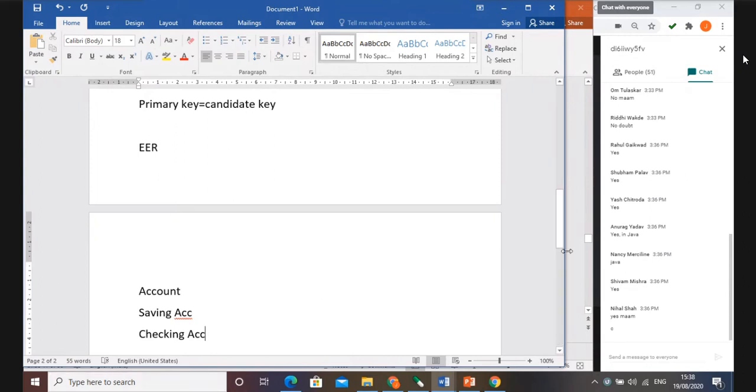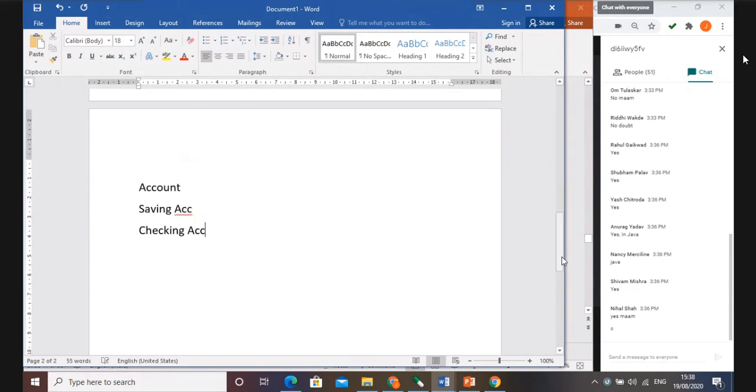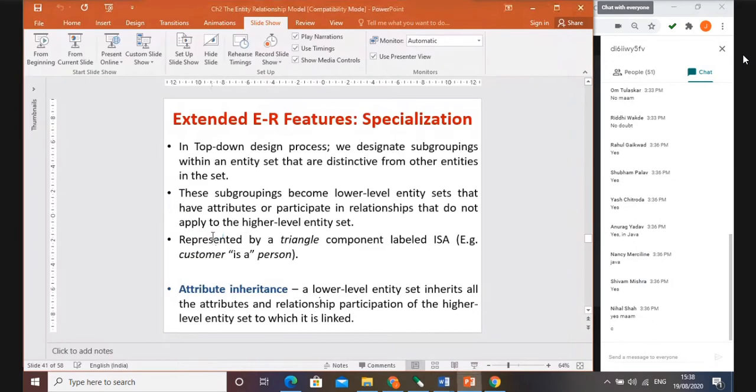When I want to represent these types of the account, I cannot add them as a type attribute to the account. Instead of adding a type attribute, I will show saving account and checking account as two separate entities.